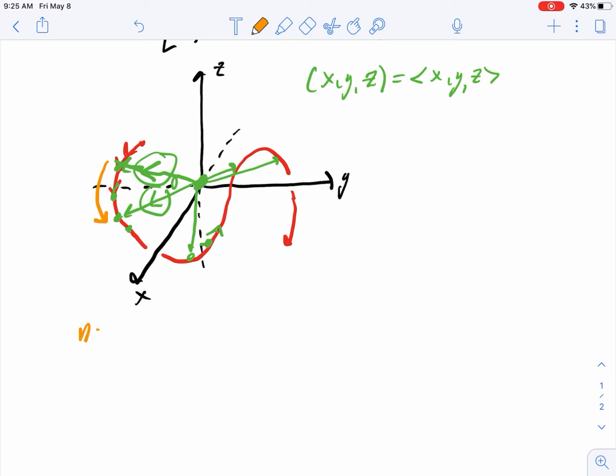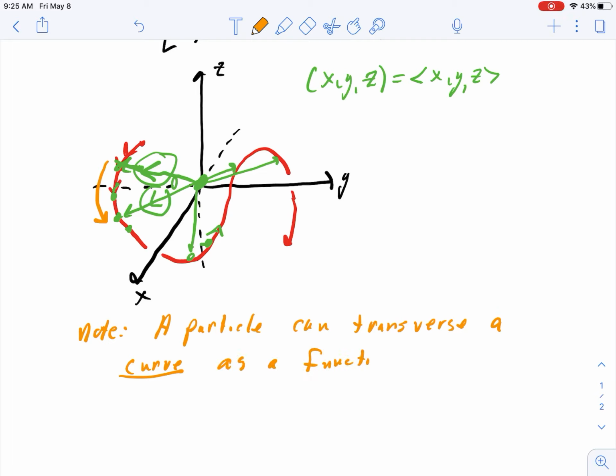So one thing I want to make a note of here is a particle can traverse a curve, and there's the keyword curve, as a function of time from a single point.